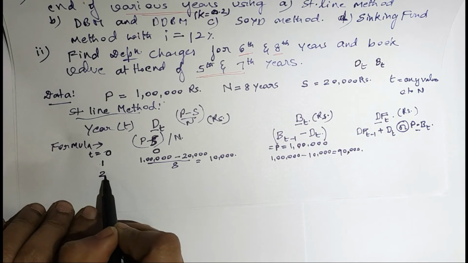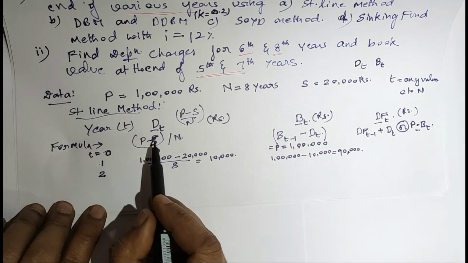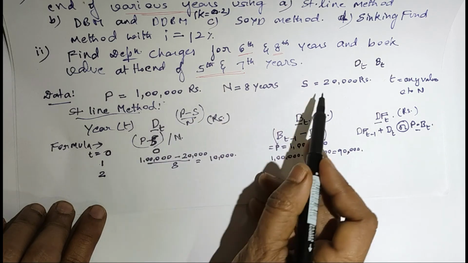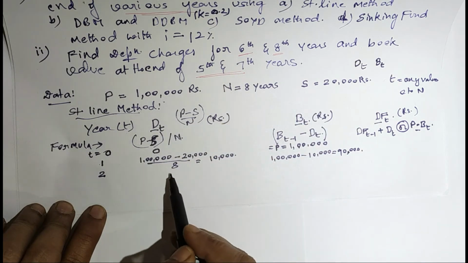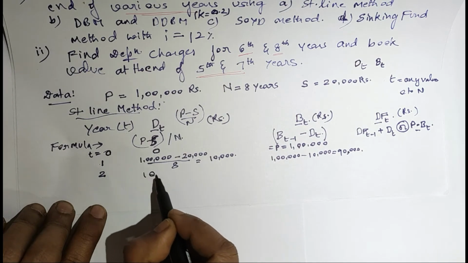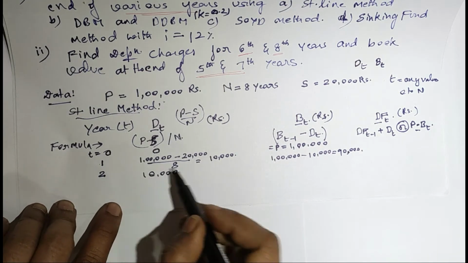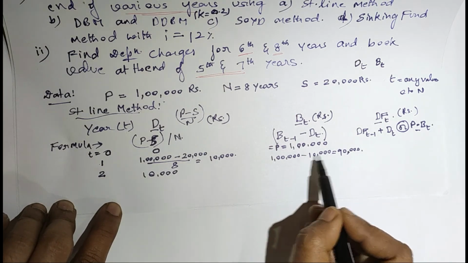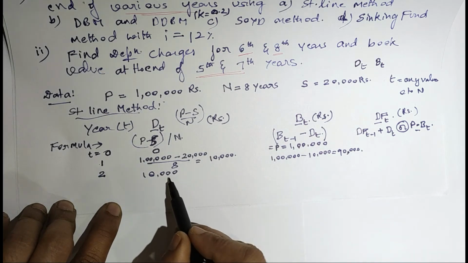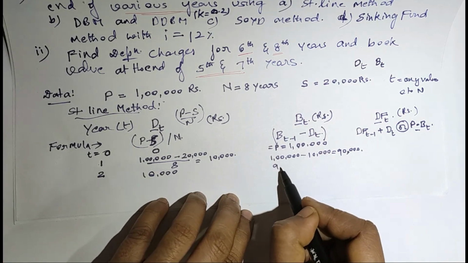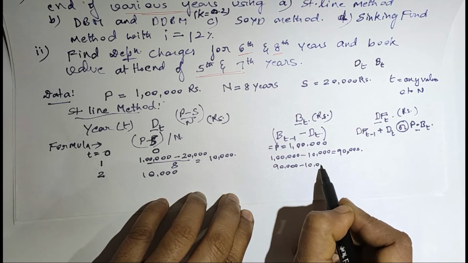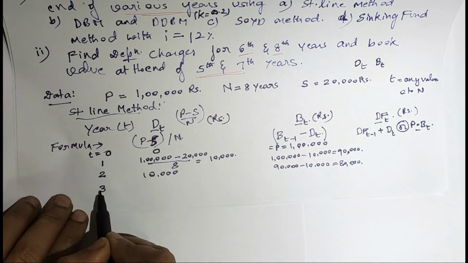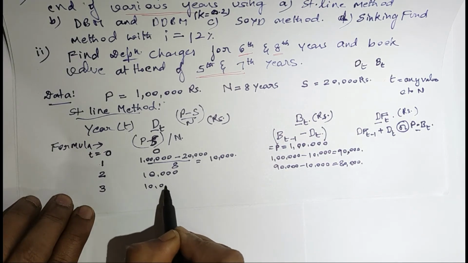Next, second year. Once again, there is no T coming in the formula. Can you make out? P remains fixed, S remains fixed, N remains fixed. So all these values remain fixed. You need not calculate at all. And this will be the previous book value: 90,000 minus current depreciation charges. So 90,000 minus 10,000, 80,000. Similarly, third year remains the same.